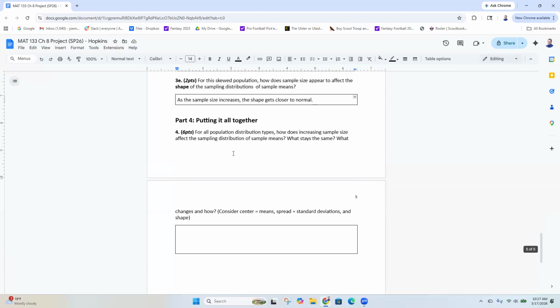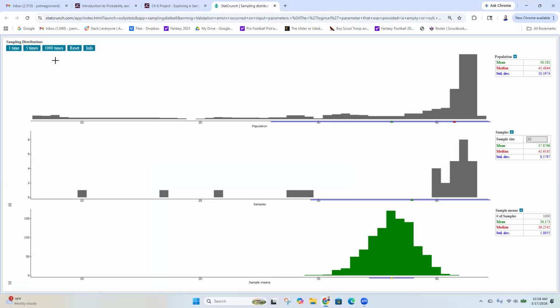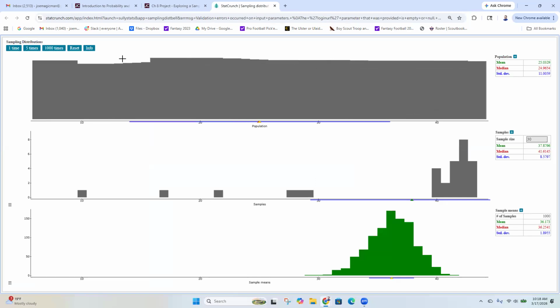Part four is just a recap of what we've done. Putting it all together for all population distribution types, whether it's skewed left, skewed right, it doesn't matter what your original population looked like. Your original population could actually look like a uniform distribution, where everything's the same height.